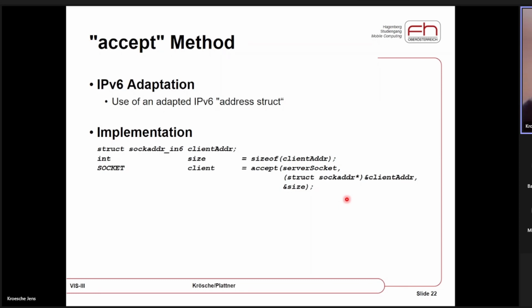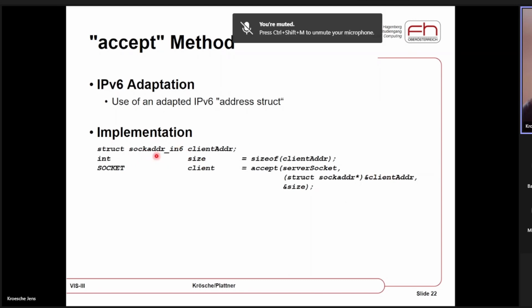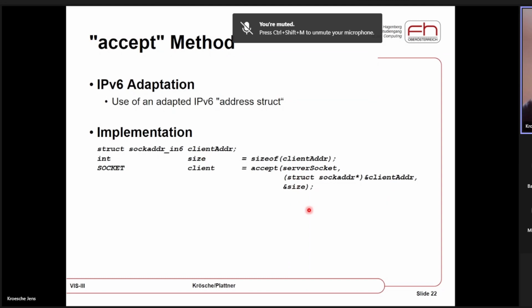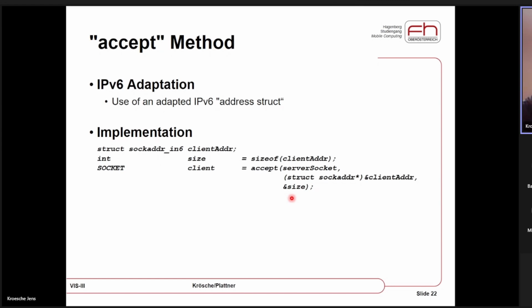And of course, inside the accept method, when we are playing around with IP version 6 addresses and we want to grab the client address, then we need to provide an IP version 6 client address struct, and then we can extract that later on to print out the information about the connected client.